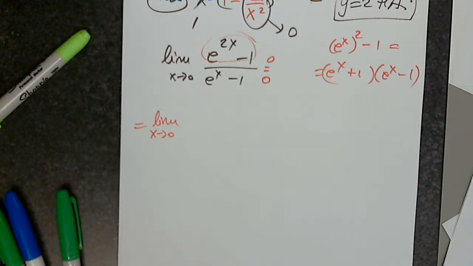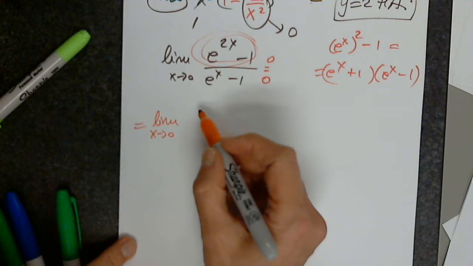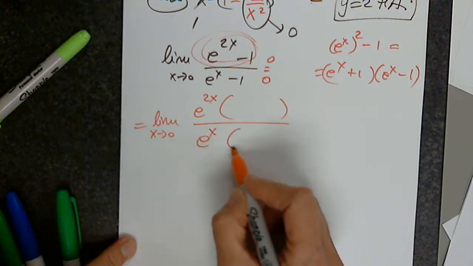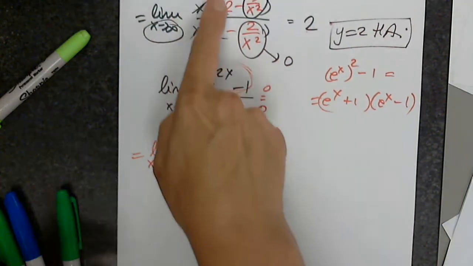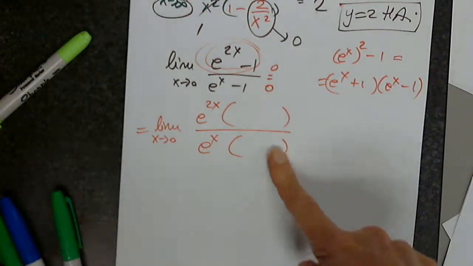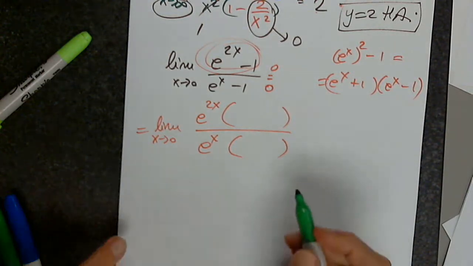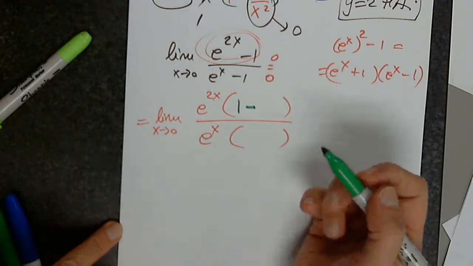Okay, here's the other way. I will factor out e to 2x at the top, and I will factor out e to x in the denominator. If I factor e to 2x at the top, like we just did with this, pretty similar. What do I have in parentheses? Very good.